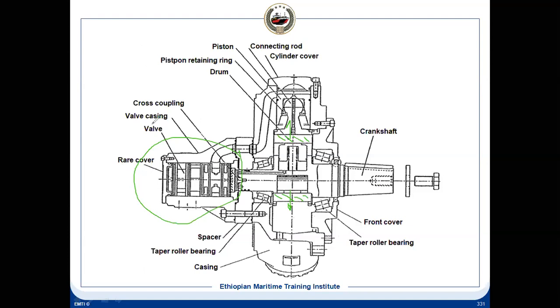This is the rear cover, and this is the valve which is controlling the flow of the hydraulic oil to the cylinder. To rotate in the correct direction, it has to be rotated, and this drum can also be shifted so that the speed can be controlled. So this is the basic. Now let us see actually how it is happening.